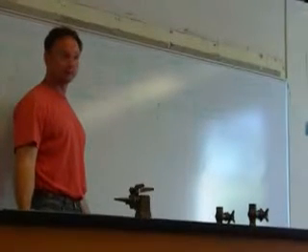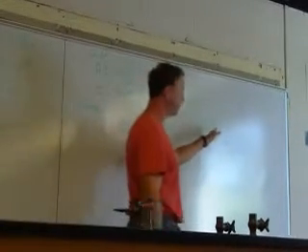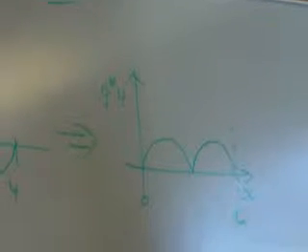Then what can I do with it? I take psi star psi. This is a probability density, right? Once I have a probability density, let's ask some questions. Where is the particle?